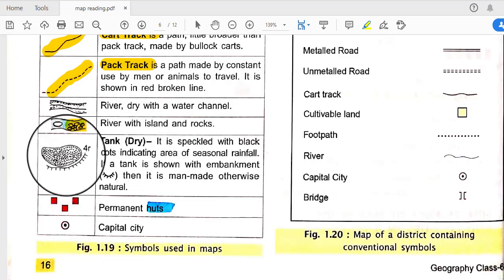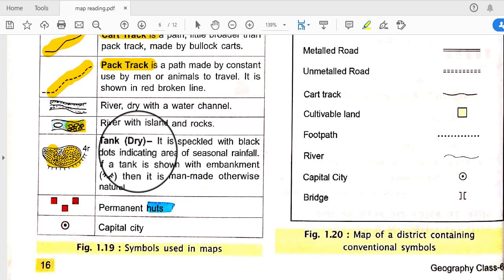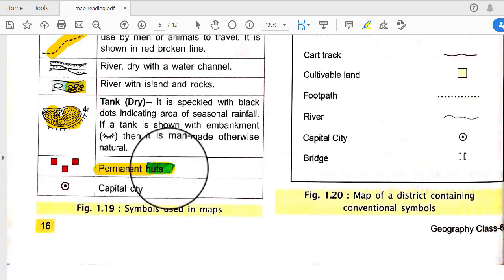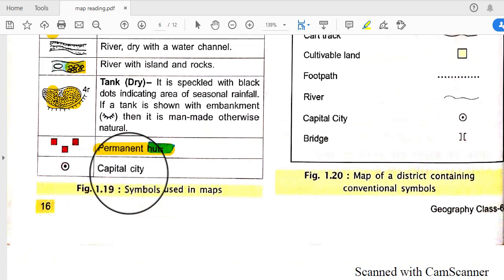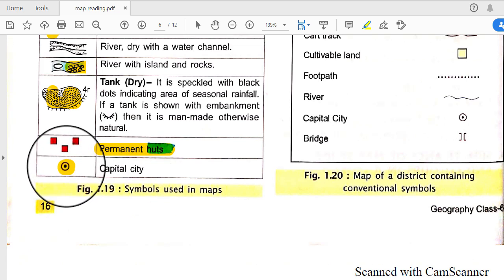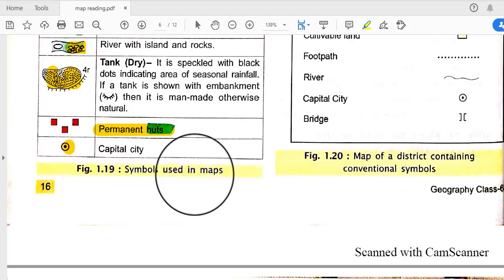It is dry; if it were blue then it would be a watery tank, but now with this symbol we denote the dry tank. Next, a permanent hut is denoted by this rectangular symbol, and a capital city is denoted by this circular symbol.